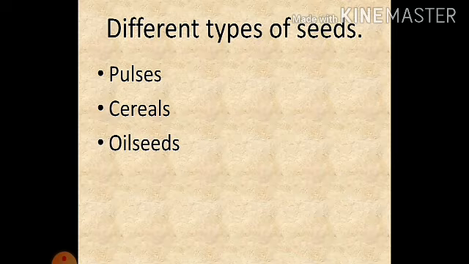We also learned that all these seeds, whether pulses, cereals or oilseeds, are very important for a healthy diet, because they provide lots of proteins, minerals and nutrition. They are very good for your health, and we should consume them more and more.